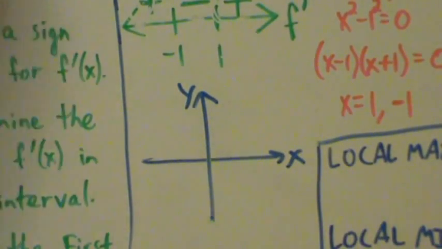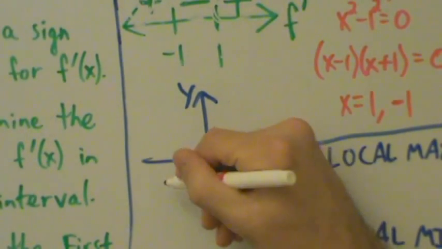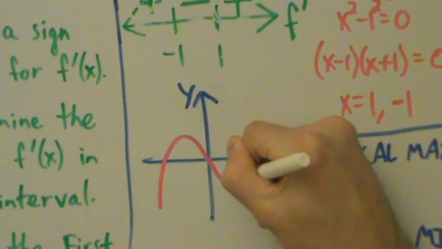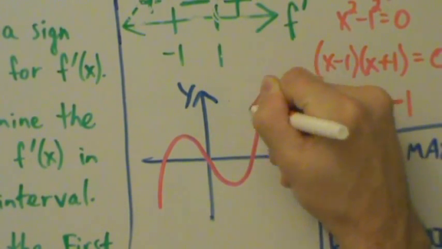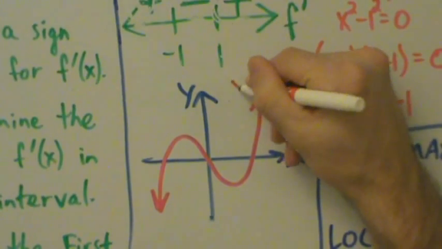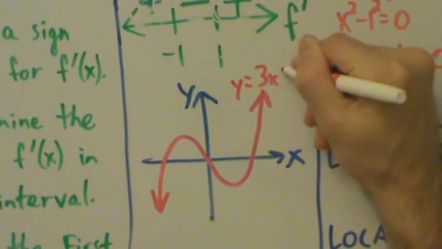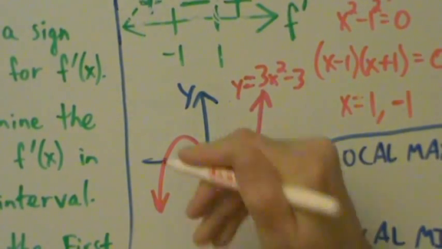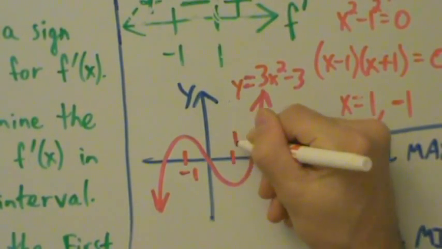The function is going to look a little bit like this. It increases, then decreases, and then increases again. So this is the function here, and this is negative 1, and this is positive 1 right here.